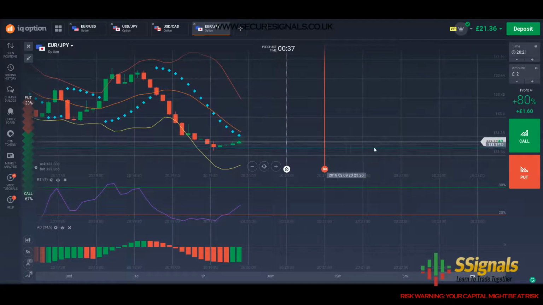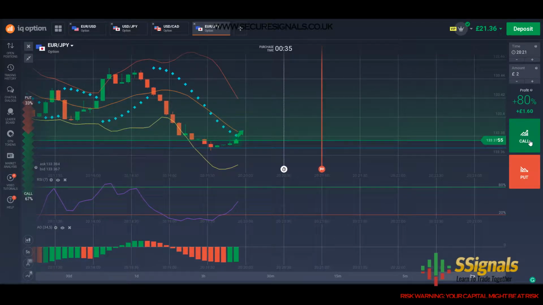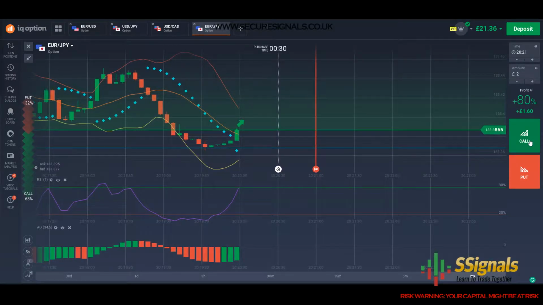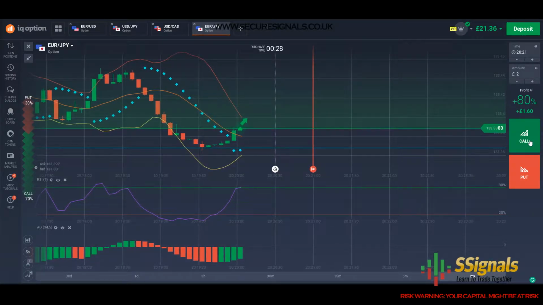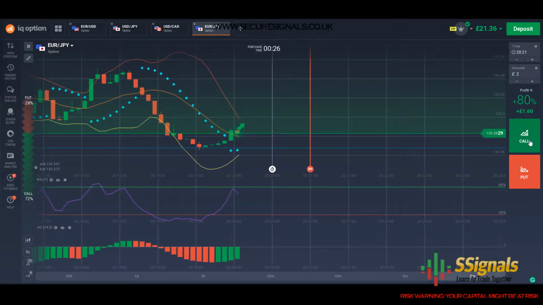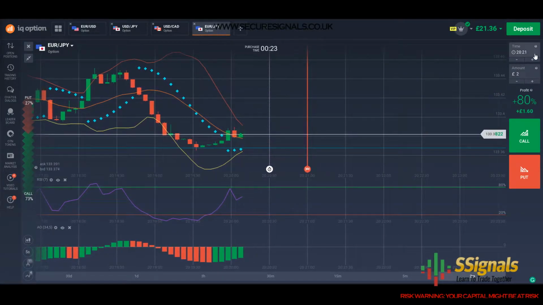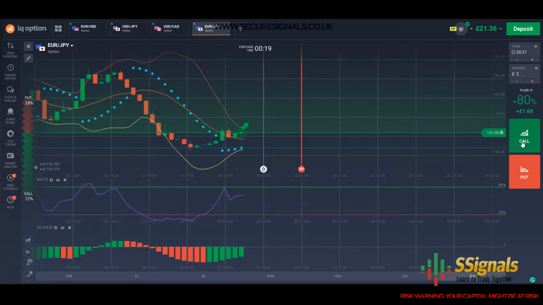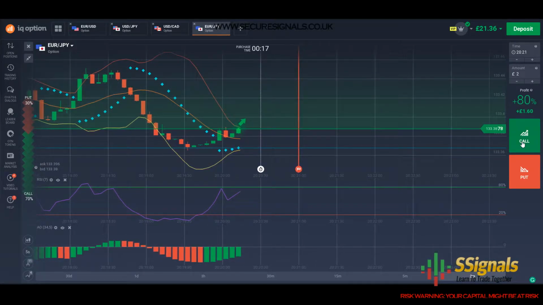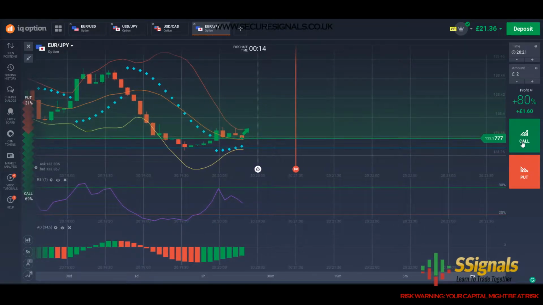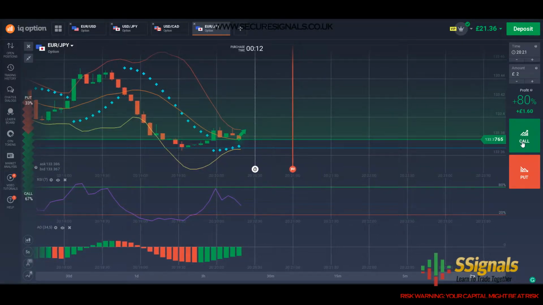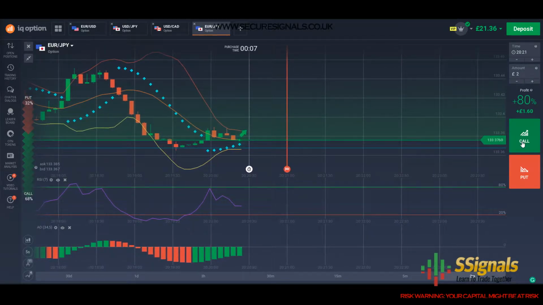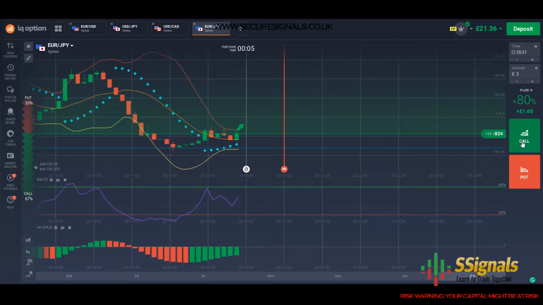Just going to wait for the close, and then that'll be significant. I'm going to wait for the retest and enter for 2021. Okay guys, I'm entering now.